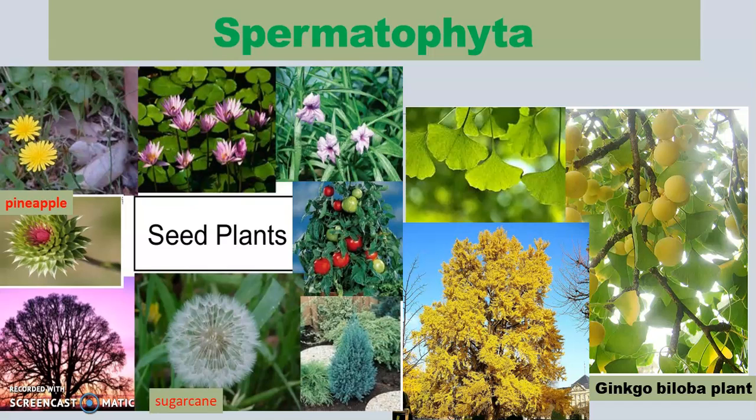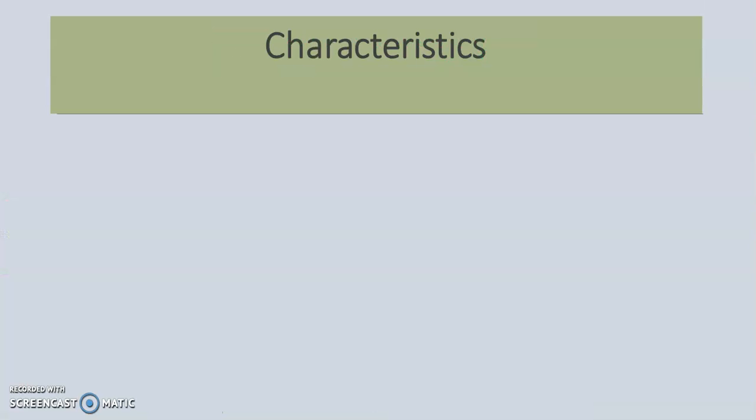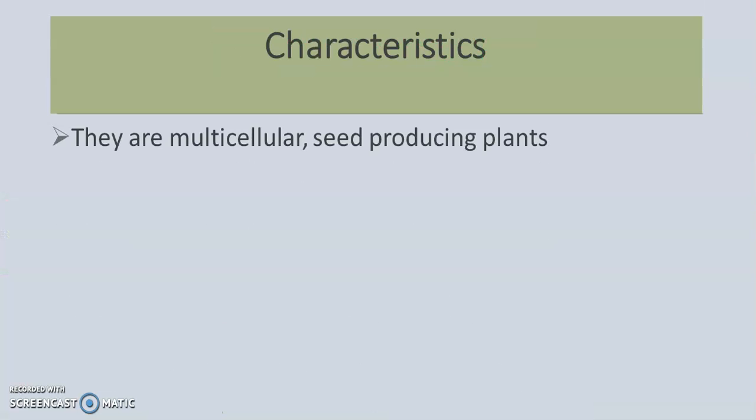Now the spermatophytes are seed producing plants. They are members of plants that produce seeds. They produce flowers as well. Let's look at the characteristics of spermatophytes. Spermatophytes are made up of plants that are regarded as multicellular, and they produce seeds. They also have vascular bundles.